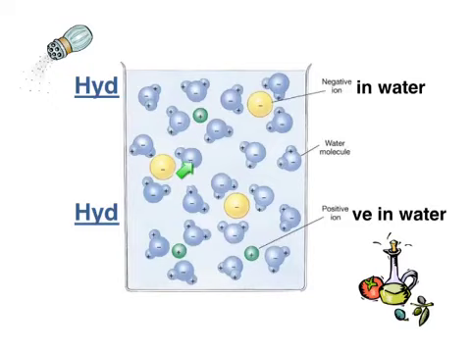So ions with their whole charges, their whole negative and whole positive charges, and some molecules that also have partial charges, they're attracted to the partial charges on the water molecules. Opposites attract. The negative charge is attracted to the partial positive charges on water, and the positive ions are attracted to the partial negative charges on water molecules. So all of these ions, they mix in very, very well. They love interacting with the water molecules.